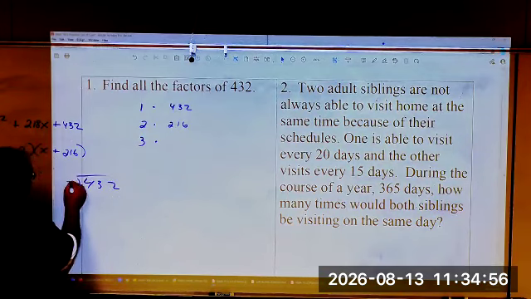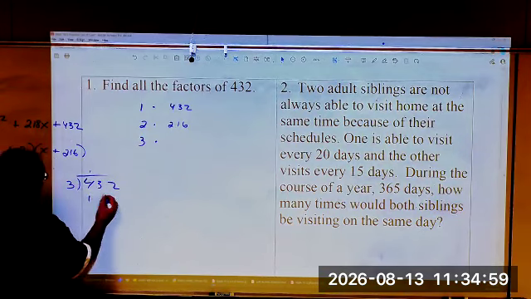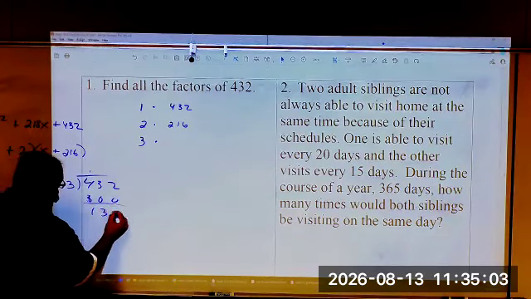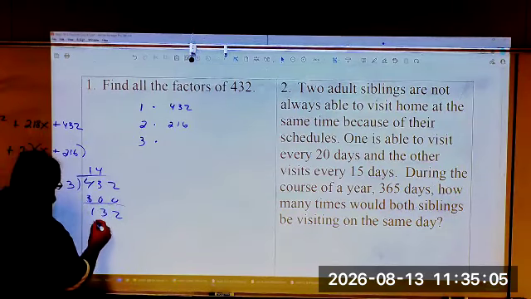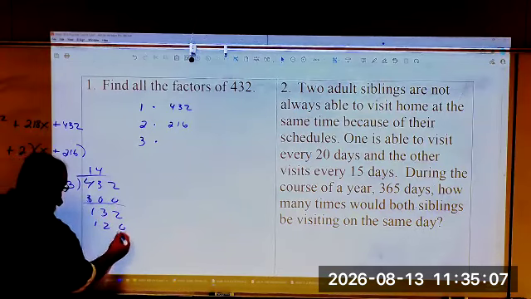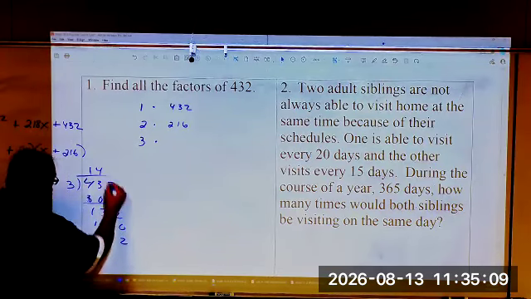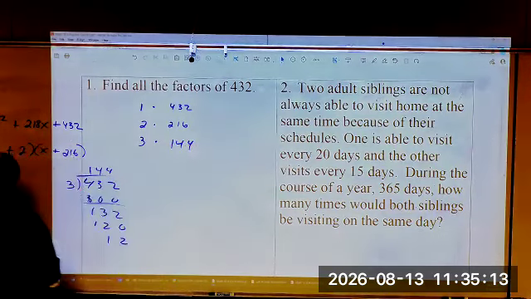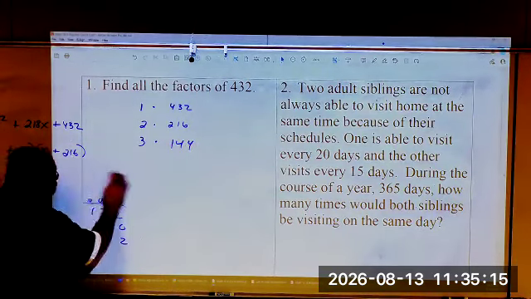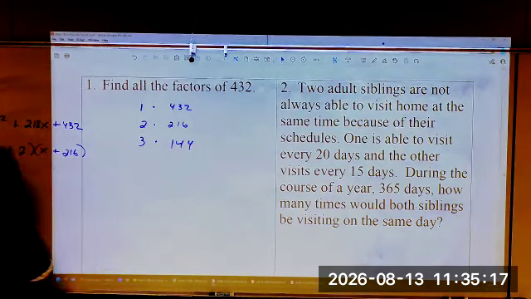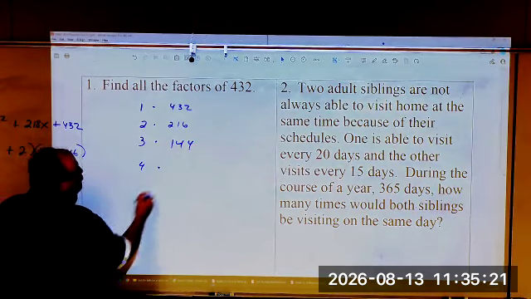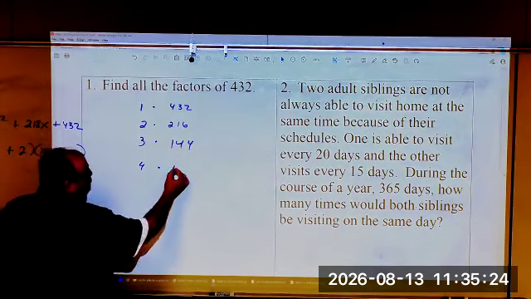That's 100, you got 1, 3, 132, 4, 12, 144. More. 4 times 108.